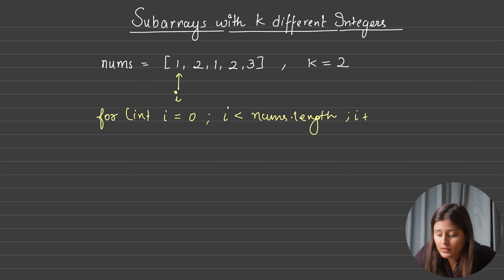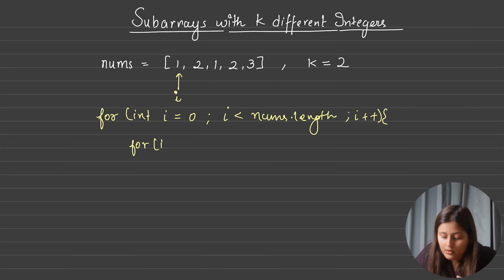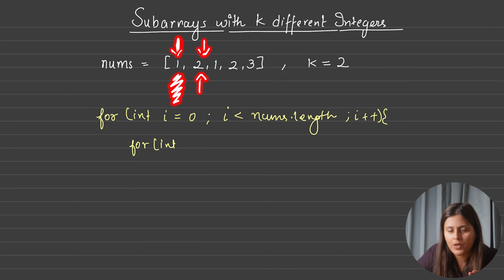Now I want to run my j index, and of course I know j will start from where? Suppose I is not here, I is here. Do I want to start my j from the 0th location, or from the same location where i starts? Obviously the same location, because if I start from 0, for 0 I have already calculated.